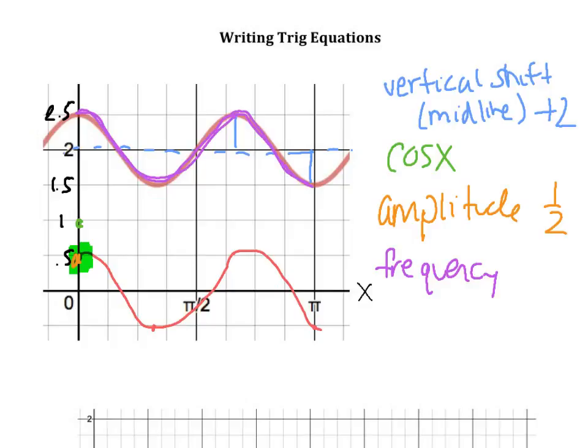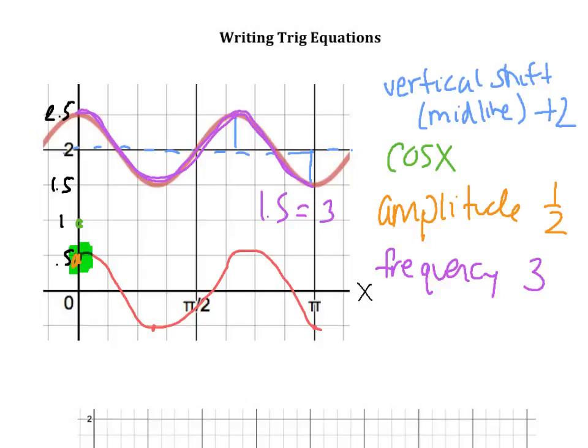So what I have here is 1.5 periods. Now how many periods are going to be in 2 pi? If I double 1.5, that's going to get me 3. So my frequency is going to be 3 when I have 2 pi.